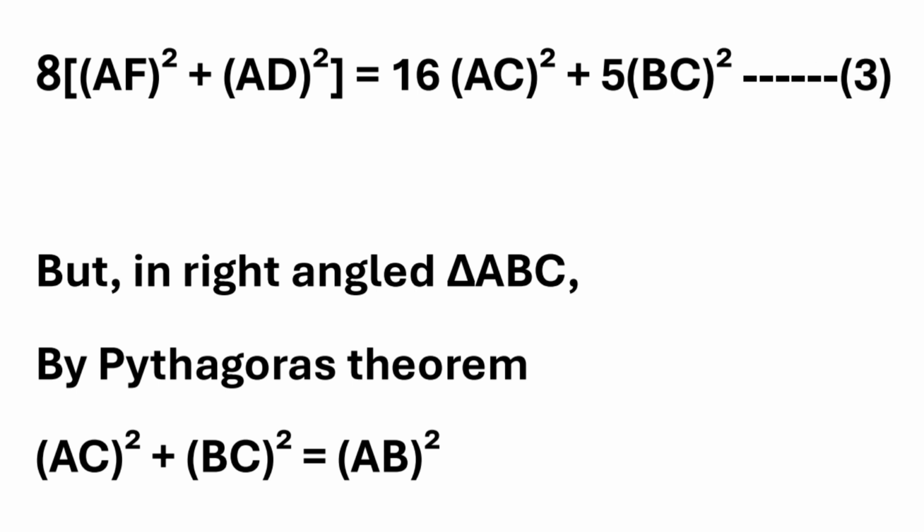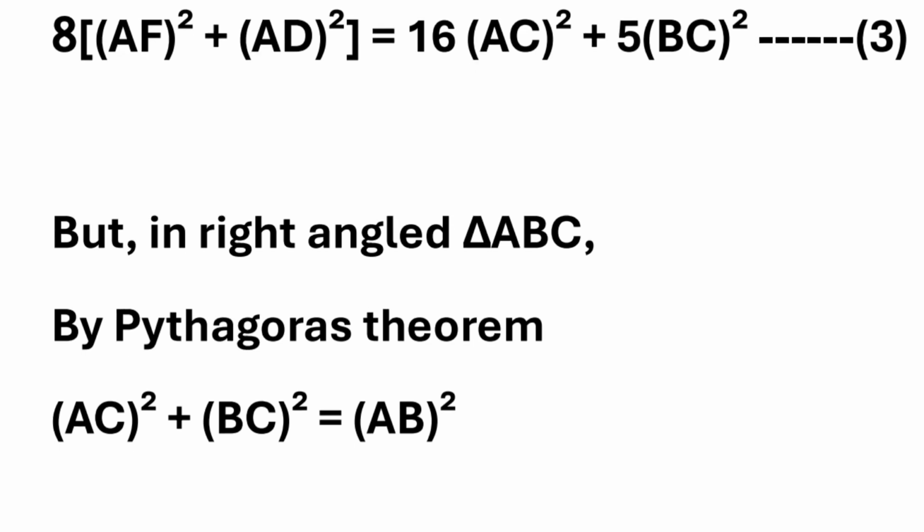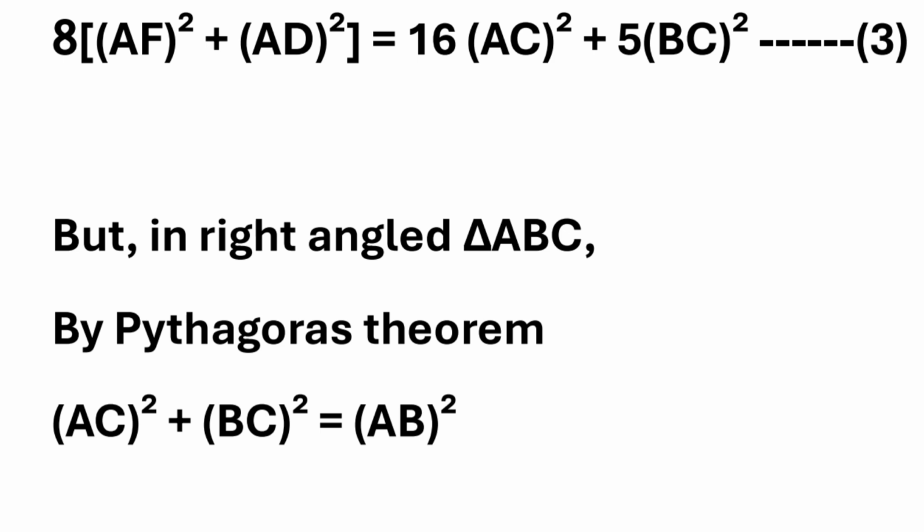Now we take that bigger right angle triangle, that is ABC, and in this right angle triangle ABC we also use the Pythagoras theorem. After applying Pythagoras theorem, AC square plus BC square is equal to AB square.